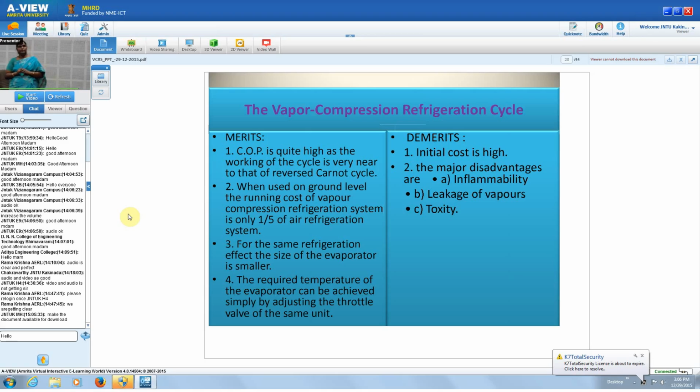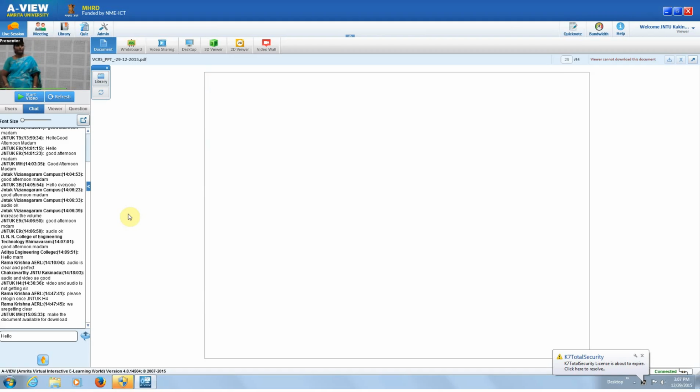So the number of disadvantages compared with the advantages are less, that's why vapor compression refrigeration is still used. Even eco-friendly refrigerants are there, which are not harmful to the environment or to human beings. Those are preferred compared with the refrigerants used nowadays, freons and all this. So those are to be modified.